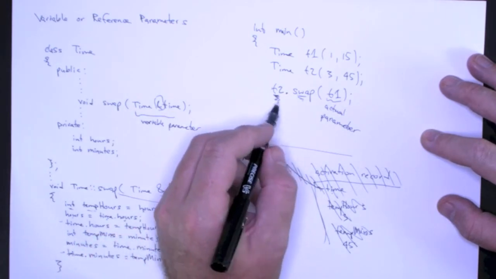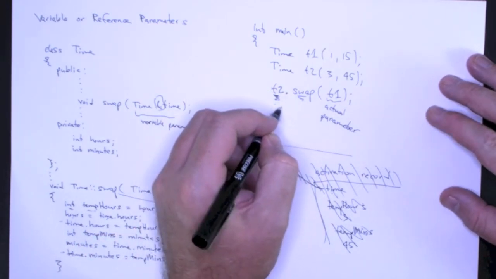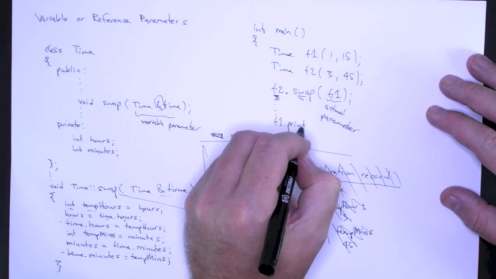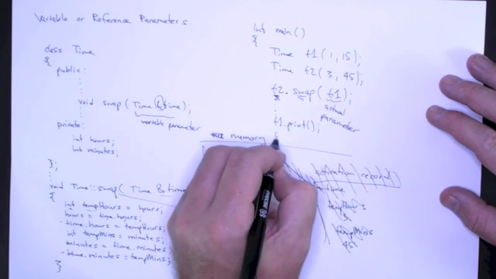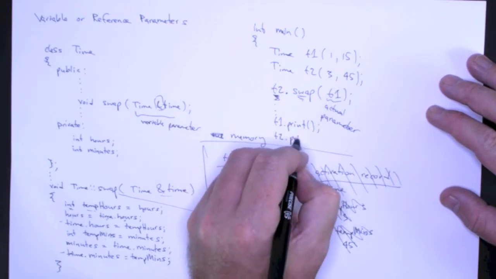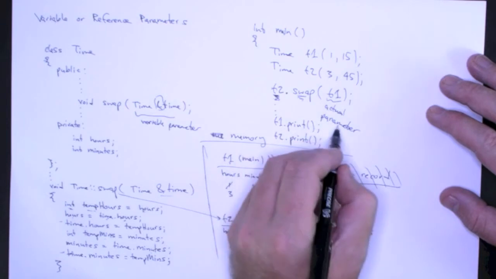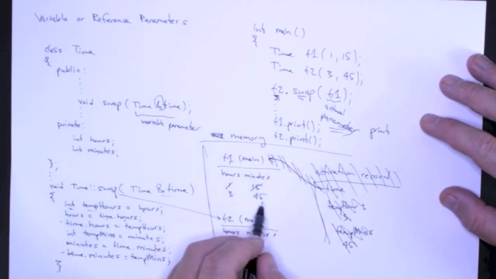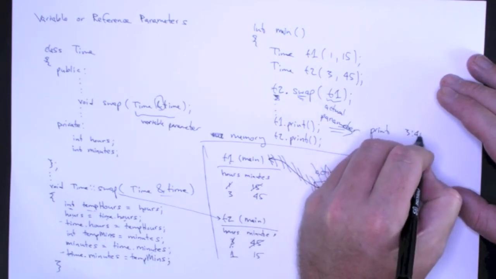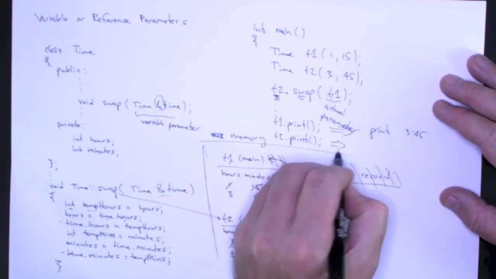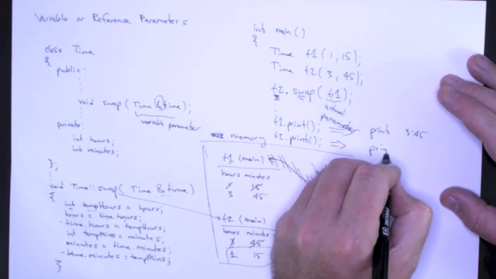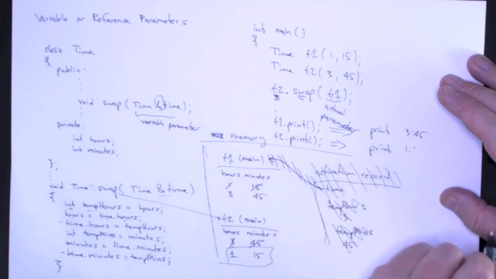And we go back here, and if you say T1.print and T2.print, then this is going to print, well, what is T1? It's 345. And what is T2 print going to print? It is going to print 115.